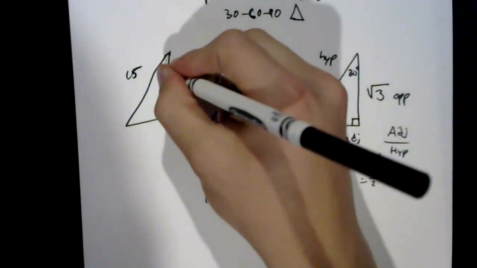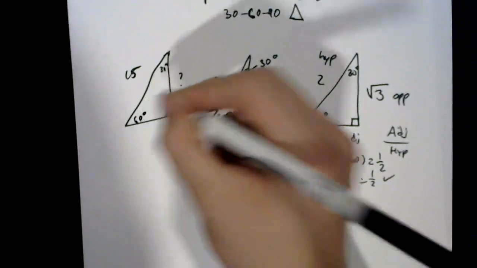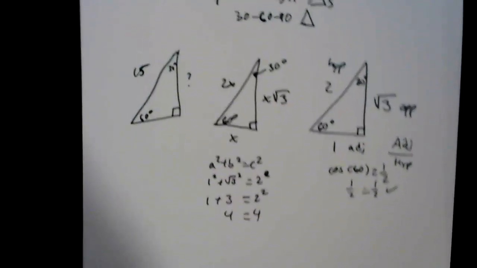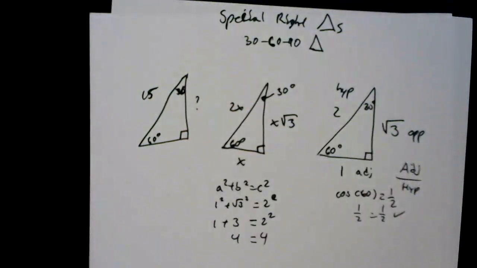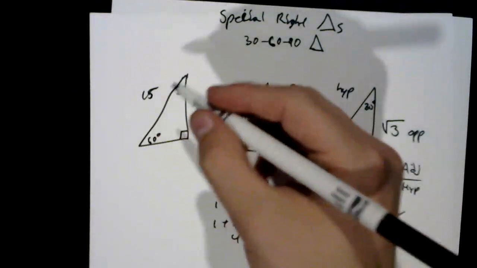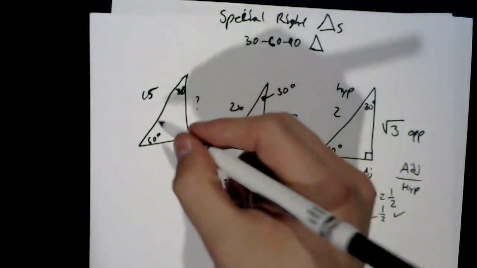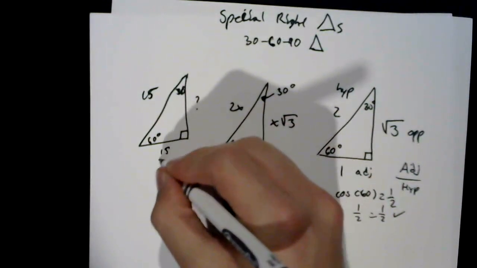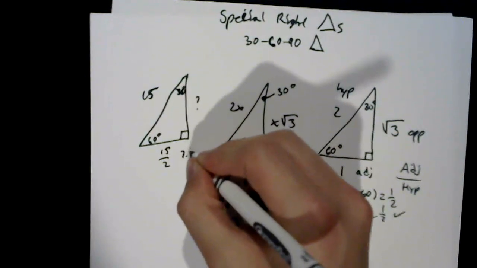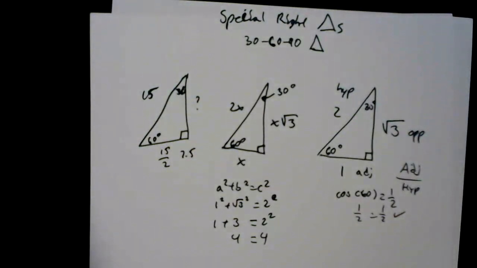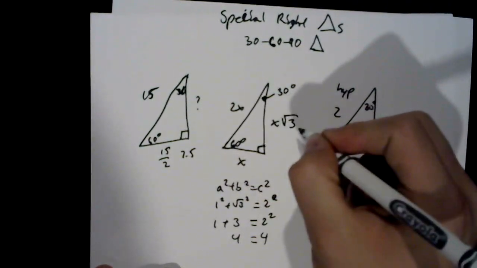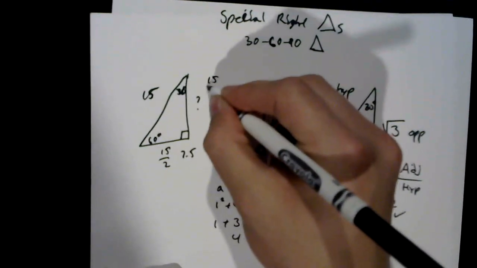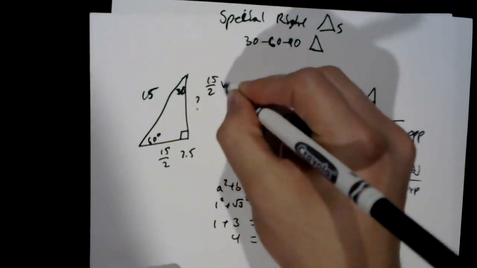So since you know it's a 30, 60, 90 triangle, you can figure out this side first by dividing by 2, so that's 15 halves, or 7.5. I would just keep it in 15 halves personally. Then you would multiply it by square root of 3, so it'd be 15 over 2 square root of 3.